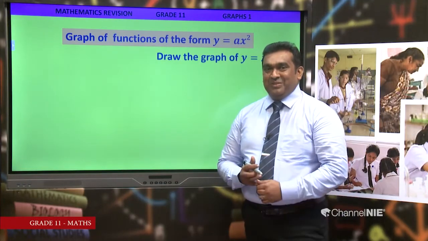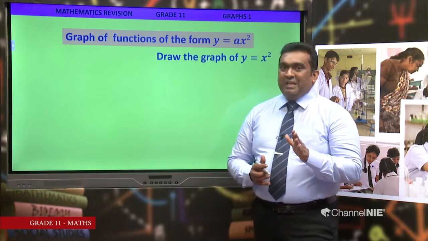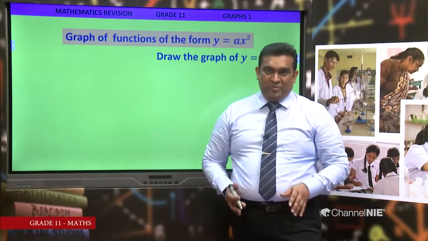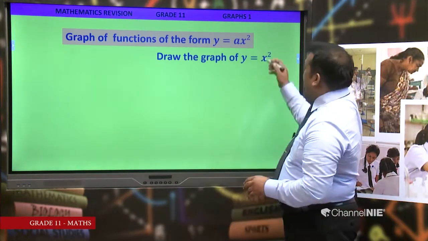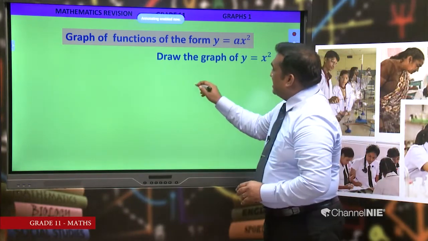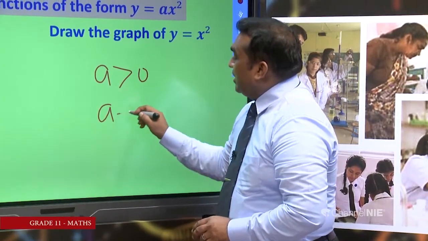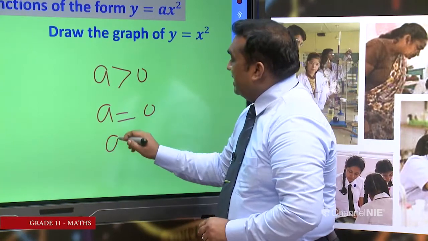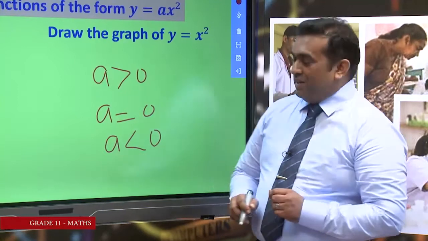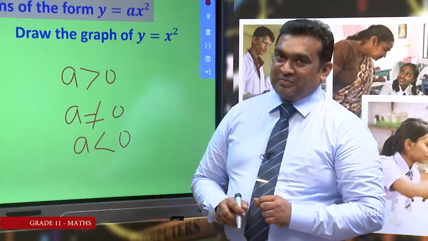It means a is positive or a is negative. In this case, a is a positive value. Furthermore, the cases of a are: a greater than 0, a equal to 0, a less than 0. But by the definition, we know that a is not equal to 0.